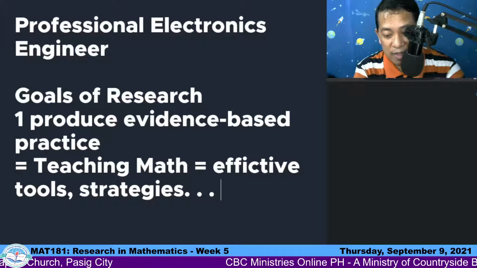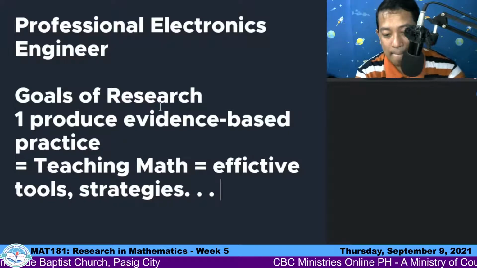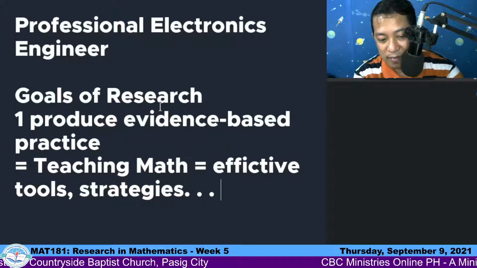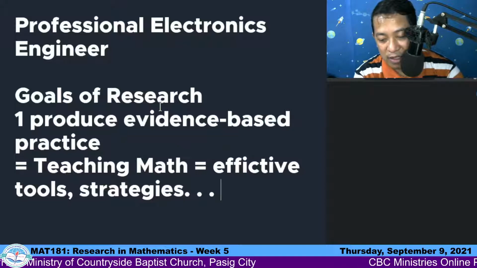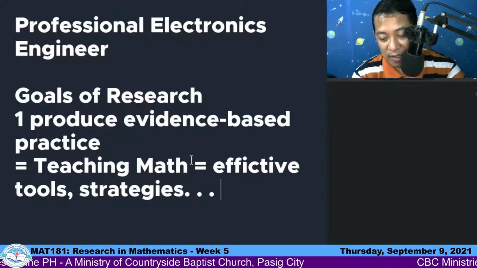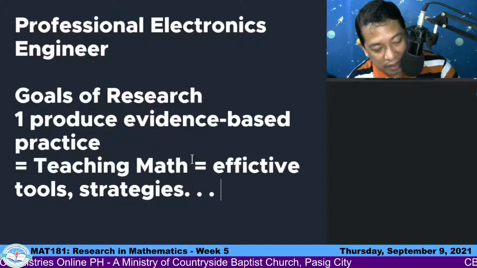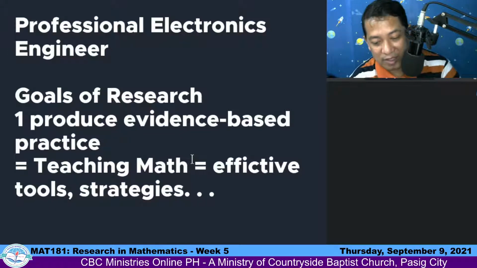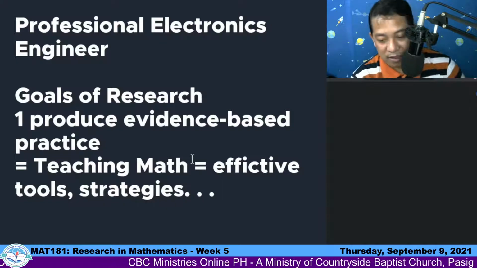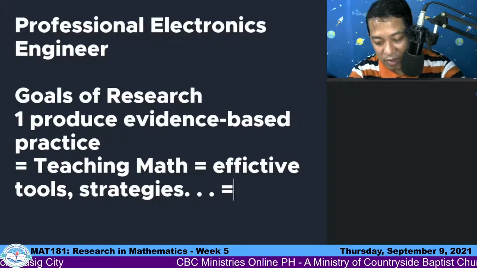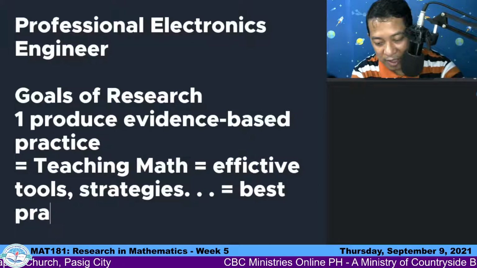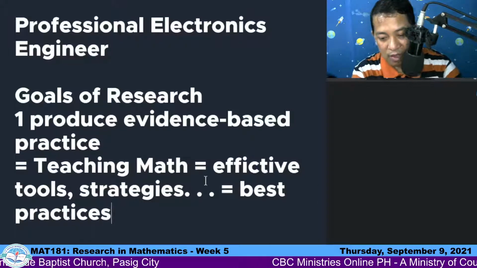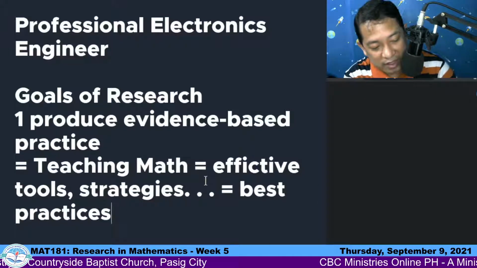To produce evidence-based practice in teaching mathematics, so yan po ang isa natin. So sabi nga dito, every discipline or institution must provide the best practice. Yung effective tools, sometimes another term for that is what we call best practices. So evidence-based siya, best practices.